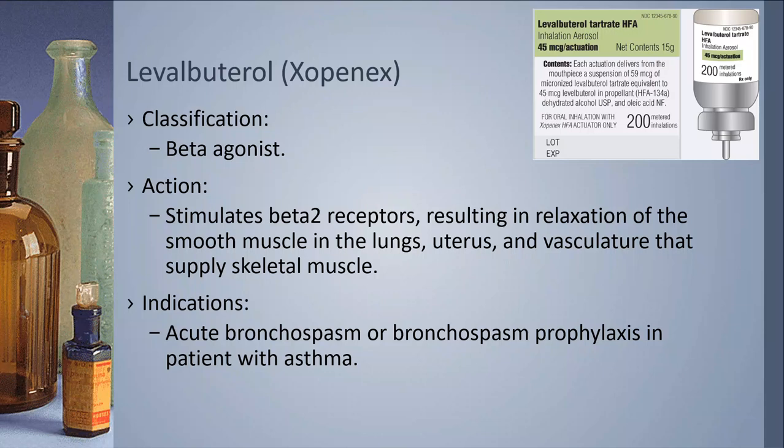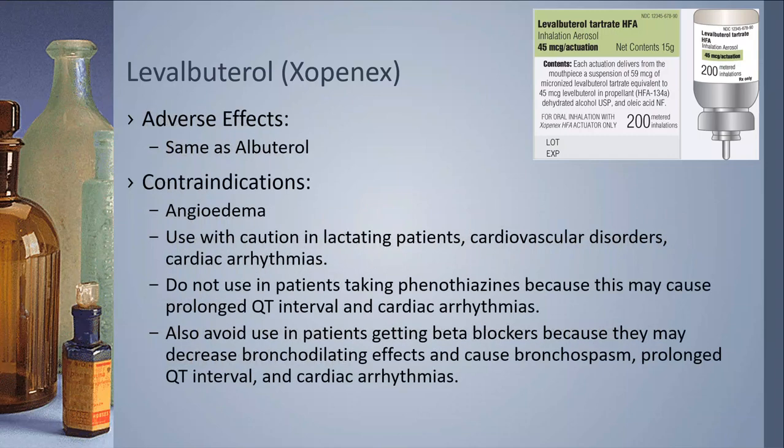Your indications, like all of these medications, is going to be for a patient that has a sudden onset of a bronchospasm. The adverse effects or side effects are going to be pretty much the exact same thing. Contraindications, pretty much going to be the same thing.